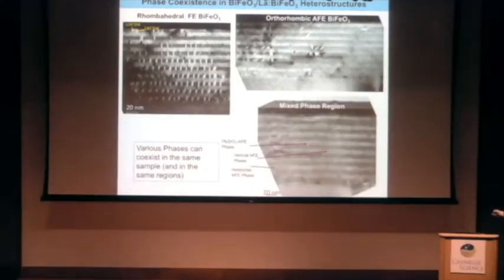And then here's a system where we have this mixed phase region. There's a couple different other antiferroelectric phases I don't think I'm going to get to for time, but we also see other modulations of these sites that give us other antipolar phases. And they can all coexist in a single film. We're still trying to figure out what the control parameter is to isolate one versus the other. But that's ongoing work.